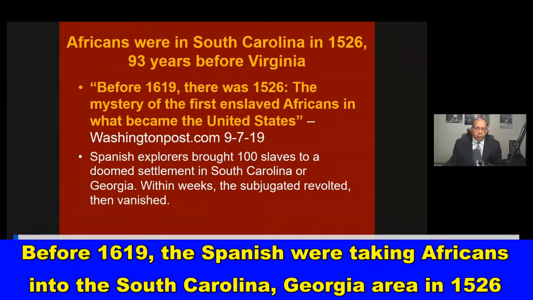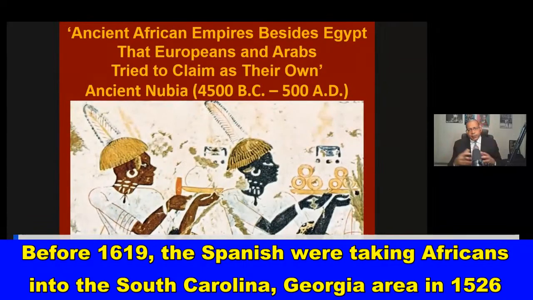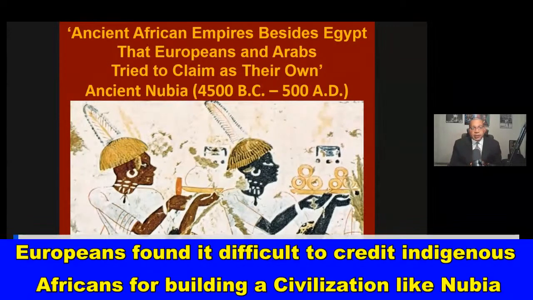Okay, so we look at some ancient African civilizations like ancient Nubia, and we look at African empires besides Egypt that Europeans and Arabs tried to claim as their own. One of them is ancient Nubia, or Ta-Seti, which existed from about 4500 BC to 500 AD.